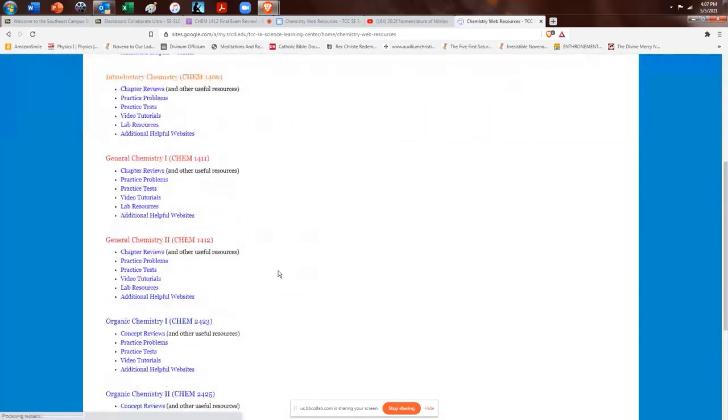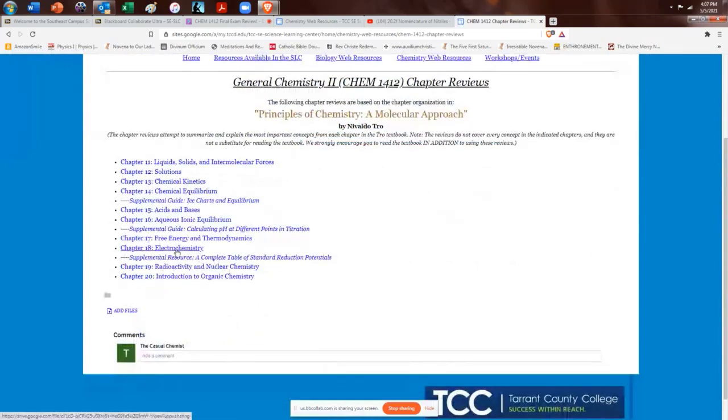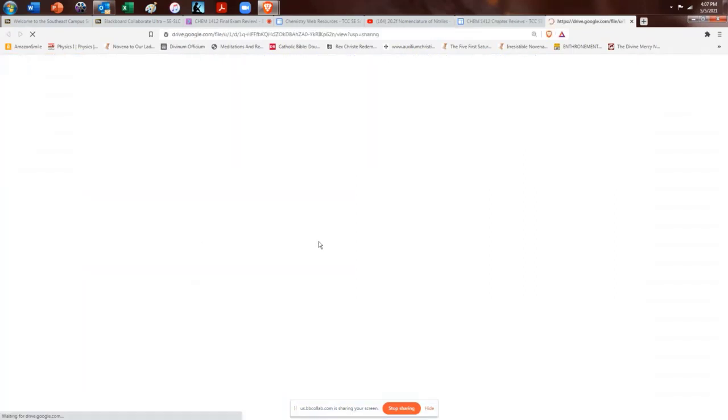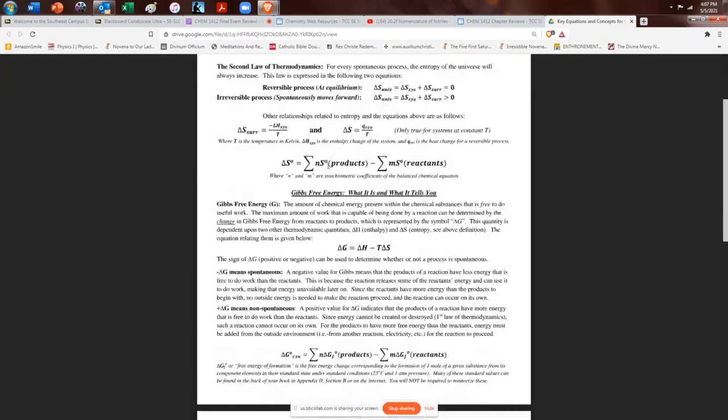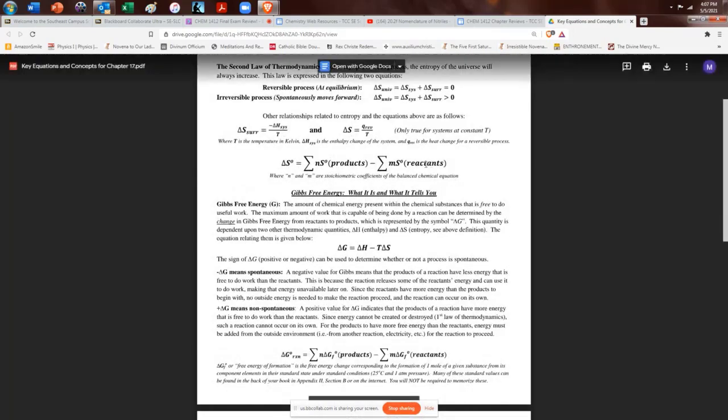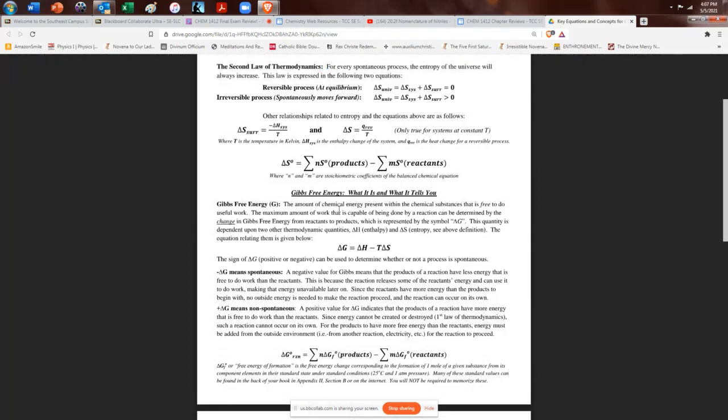Let's see, what else? We also have chapter reviews. Sometimes when studying and doing practice problems, students tell me that these chapter reviews are really helpful for the final exam because they're basically a one-page summary of each of the chapters. For example, if we do free energy and thermodynamics, it will give you the second law of thermodynamics, the definition of what entropy is, how to calculate entropy, products minus reactants. It gives you several different equations that you may have used in the chapter.